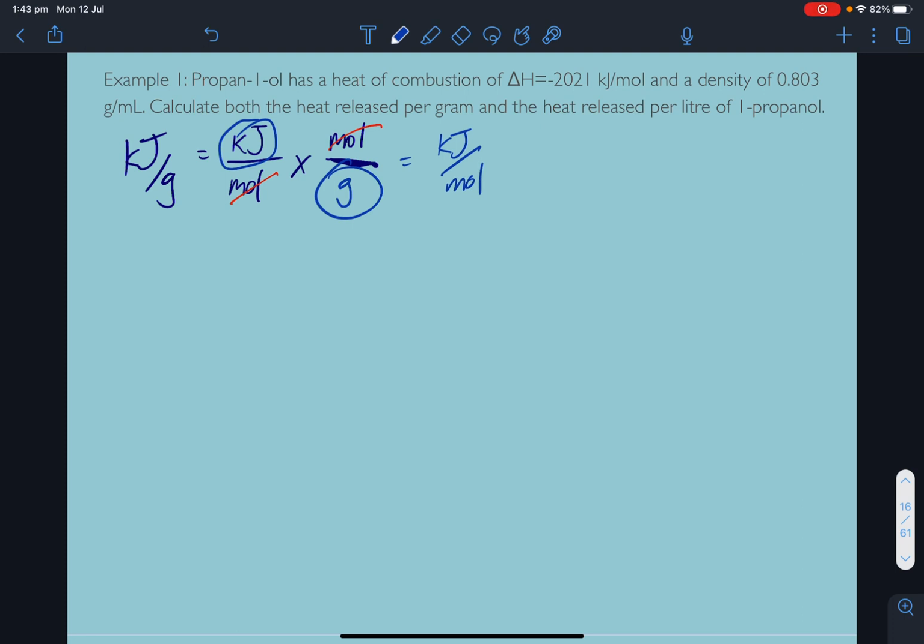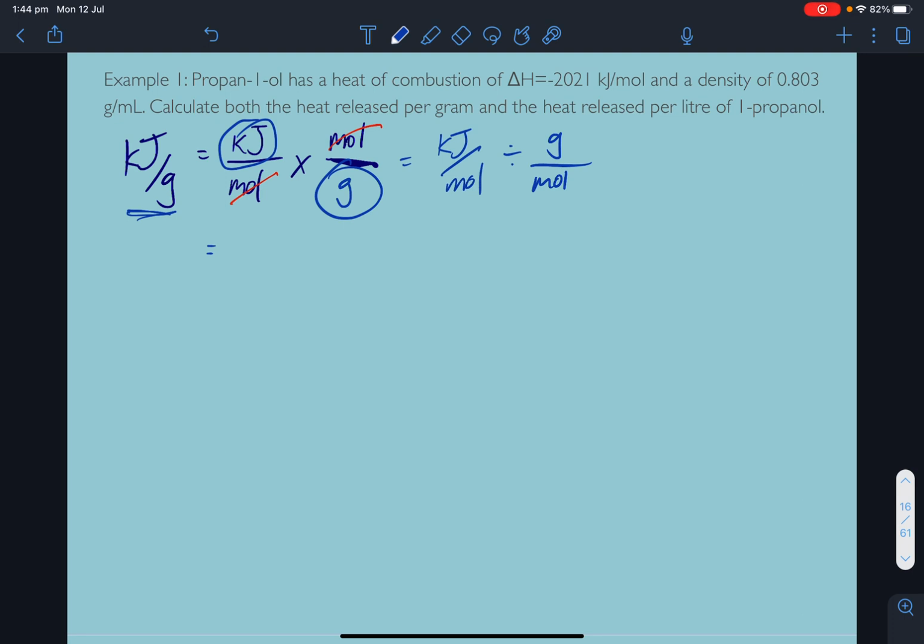That's the inverse molar mass. So it's saying divided by grams per mole, or the molar mass of what you're looking at, and you're going to get it in the unit that you're looking for. So kilojoules per mole from the question divided by the molar mass of whatever we're talking about is going to get us the kilojoules per gram.